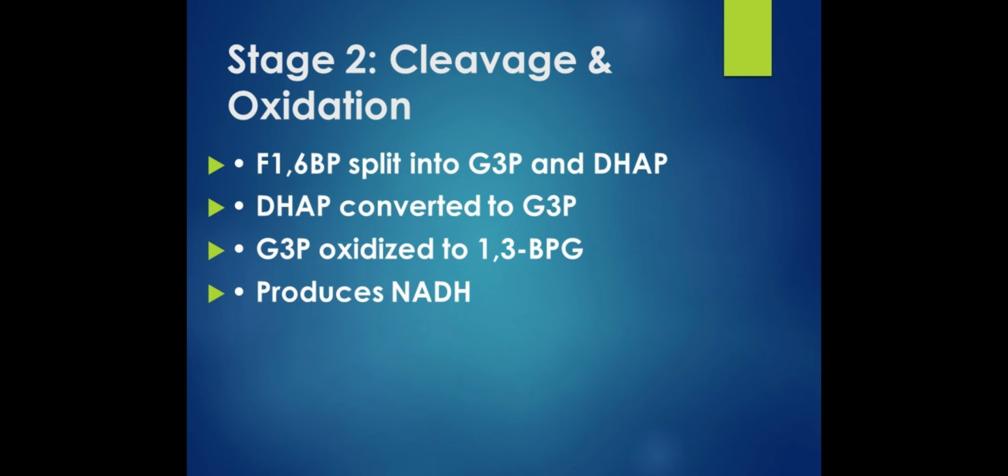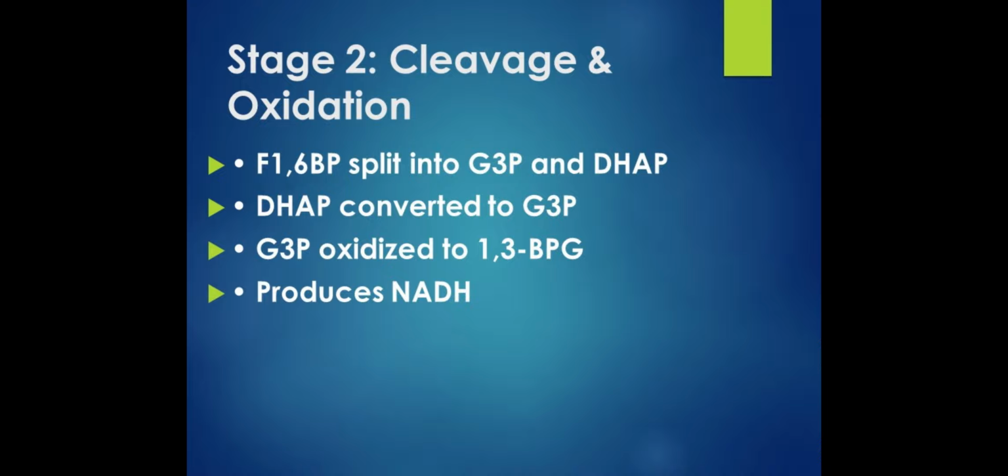And we have glyceraldehyde 3-phosphate and dihydroxyacetone phosphate. The enzyme that catalyzes this reaction is called aldolase. The 2 products are isomers, that is to say dihydroxyacetone phosphate is a ketose, whereas glyceraldehyde 3-phosphate is an aldose.